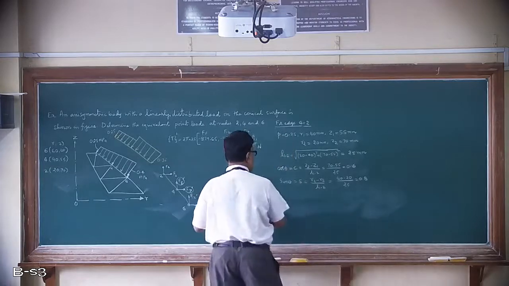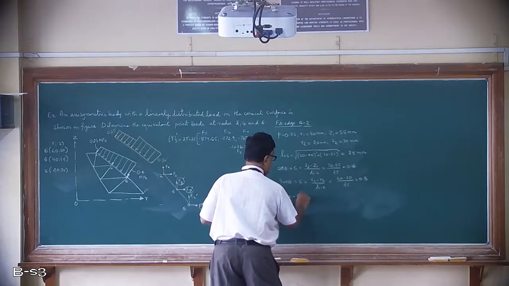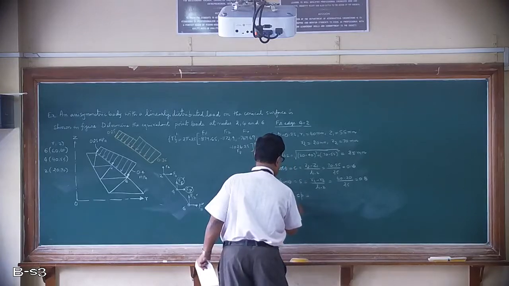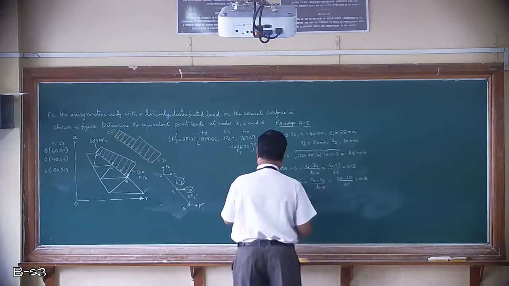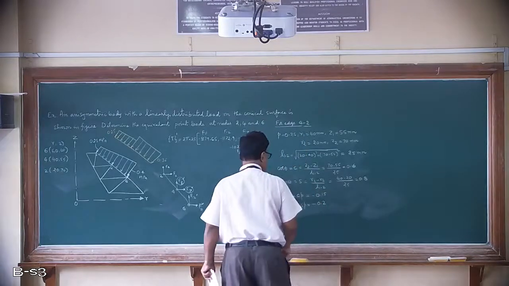So once again, you calculate TR, which is minus CP, and TZ, which is minus SP. This comes out to be minus 0.15 and minus 0.2.